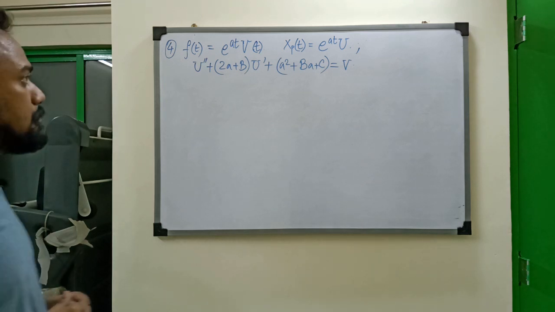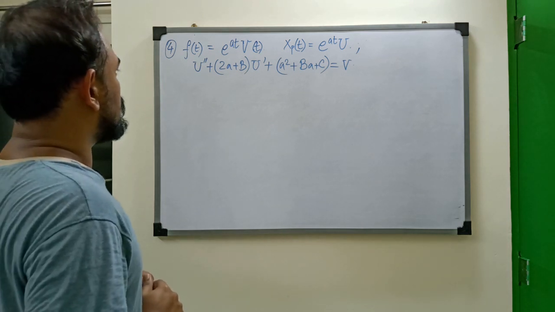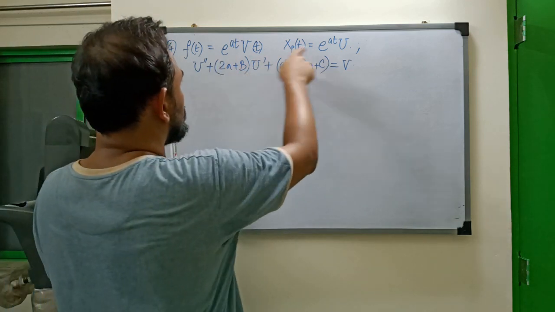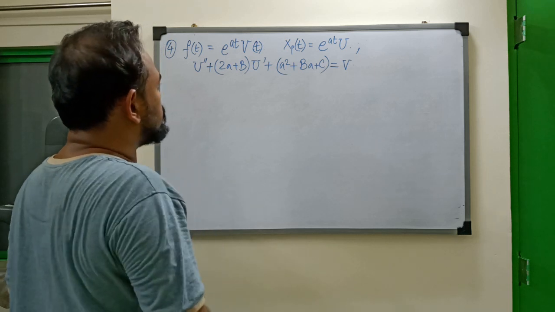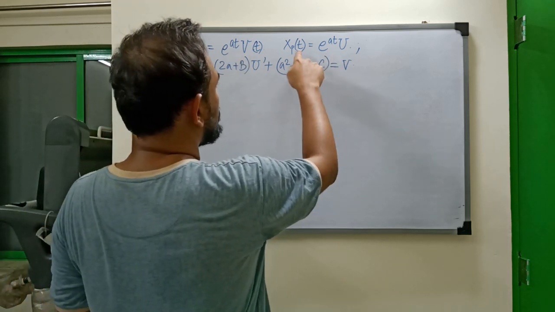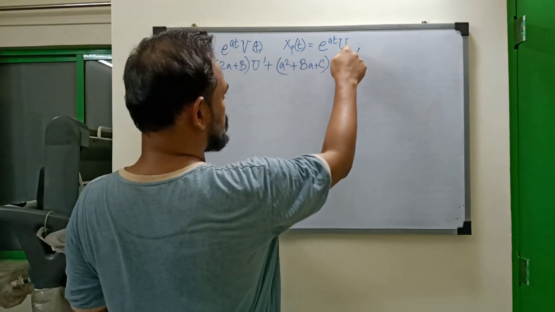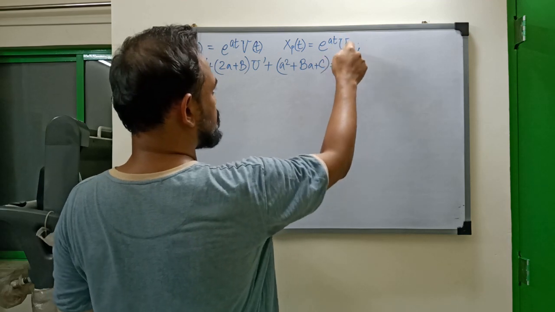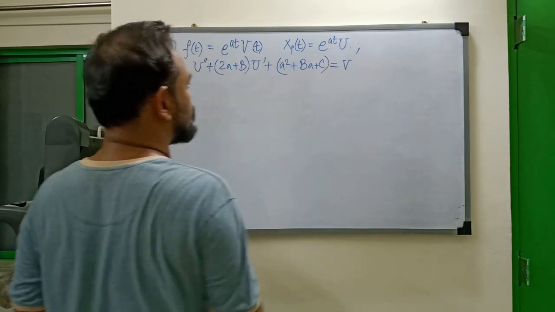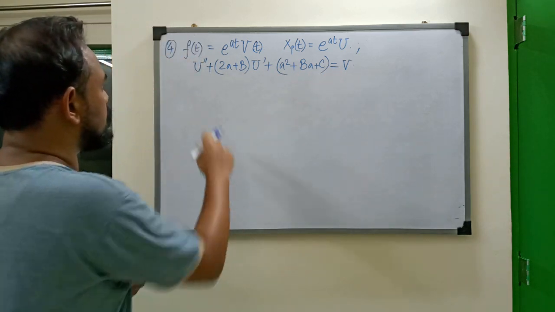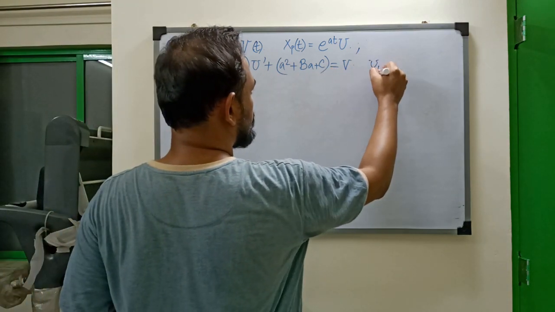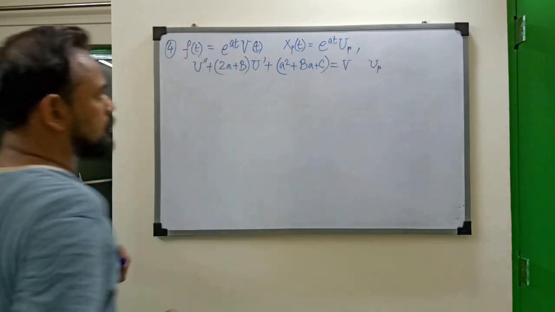This was also there in the assignment, and we've covered this. So if the input is a multiple of an exponential, then the particular solution is given in terms of e to the power at u, where u will be found from the particular solution of this differential equation. Whatever you find from this will be the solution.